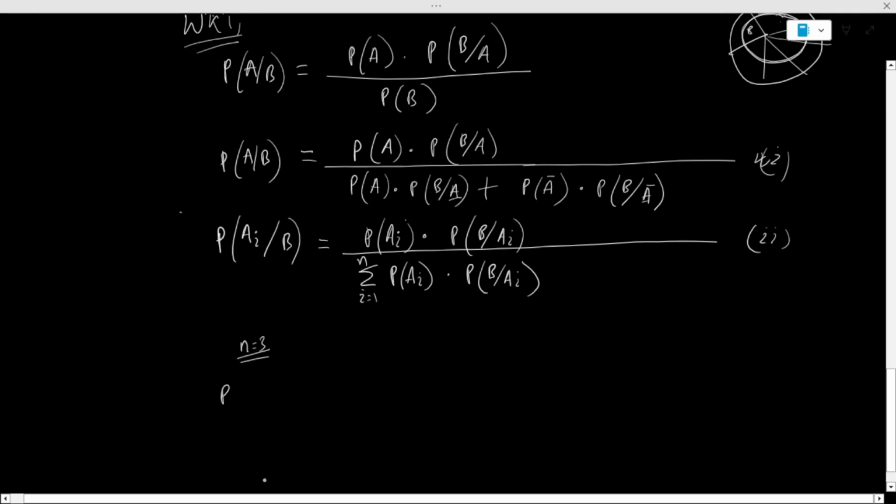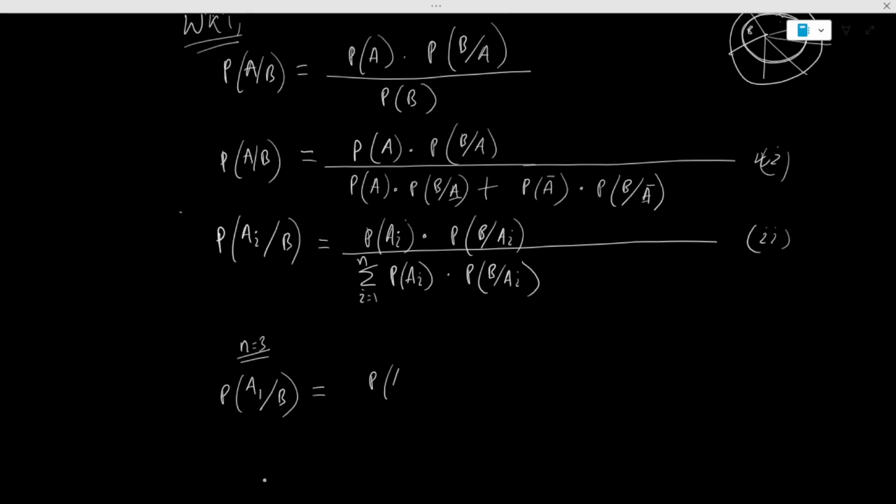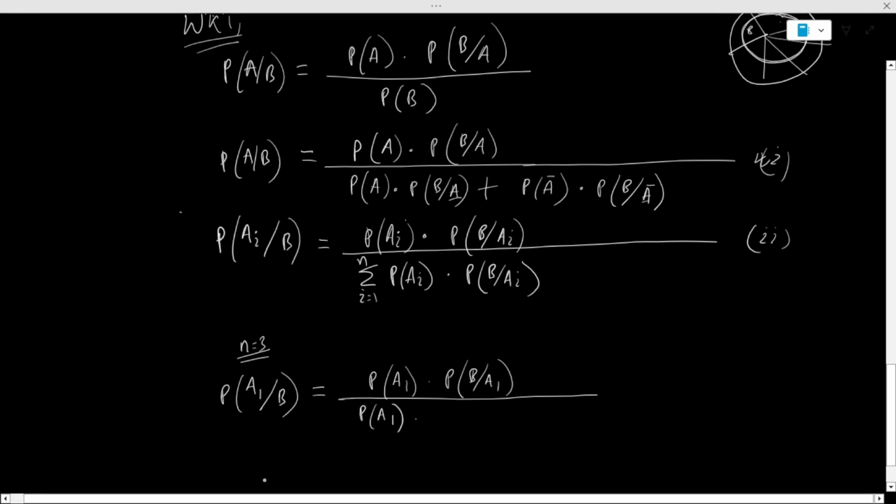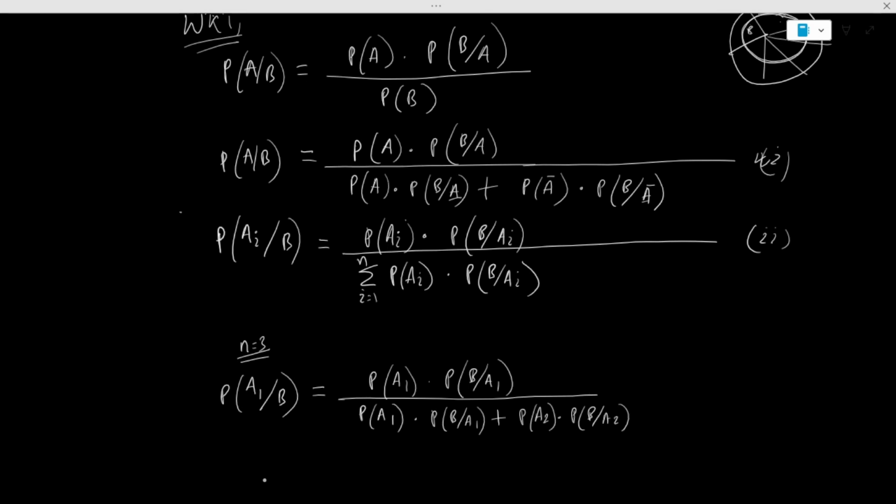Let us say the probability of getting A1 when we know the information about B. This is equal to probability of A1 into probability of B given A1, divided by probability of A1 into probability of B given A1, plus probability of A2 into probability of B given A2, plus probability of A3 into probability of B given A3.